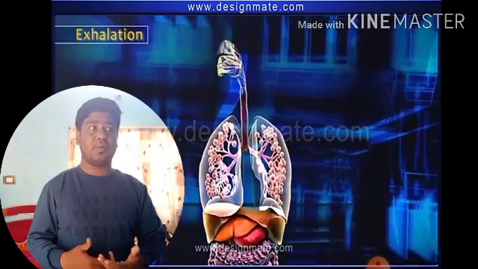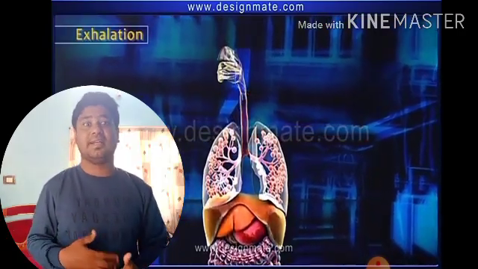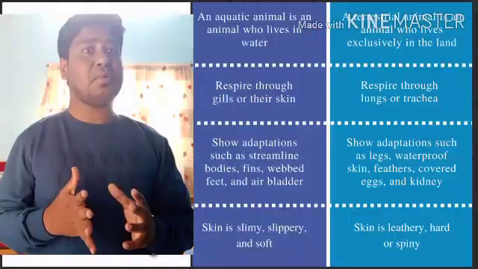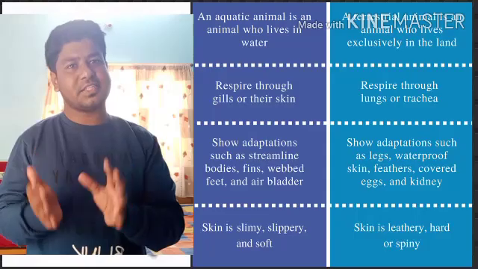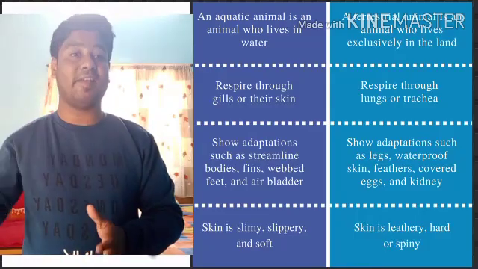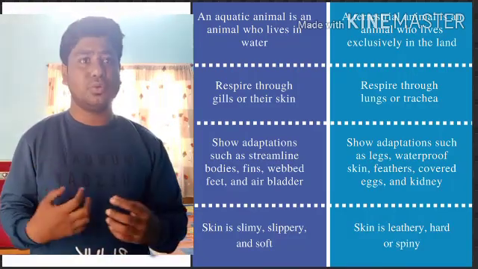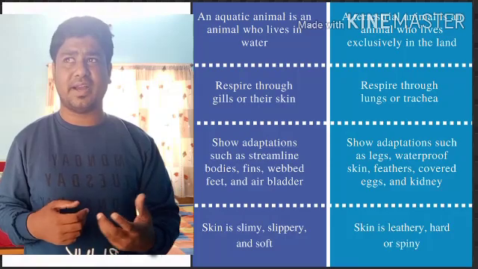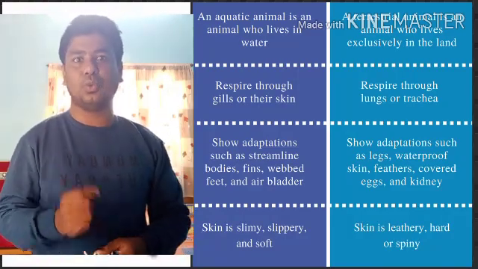We will learn how respiration takes place in plants and other organisms. One more important question from respiration is how respiration differs between terrestrial and aquatic organisms. We should understand this process. You already studied in your previous classes that aquatic organisms breathe through gills.